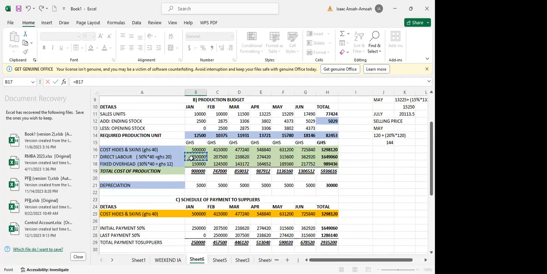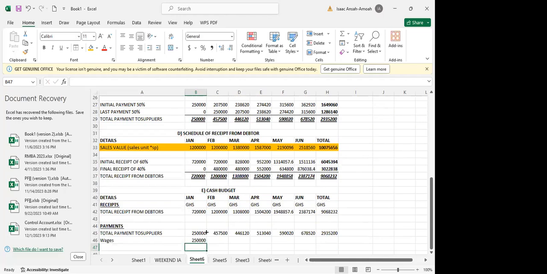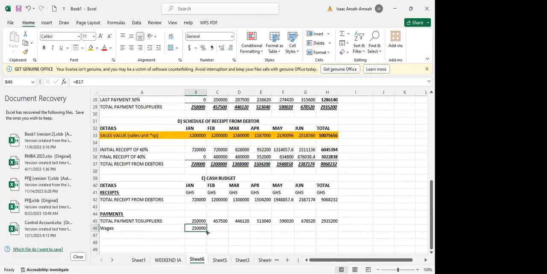Then we also made payment for overheads, so we are going to bring overhead costs payment here. But one important thing with overhead is that we are told it includes an allocation of depreciation. So we have to take away depreciation from overheads. The depreciation that we computed, this is when it becomes important.